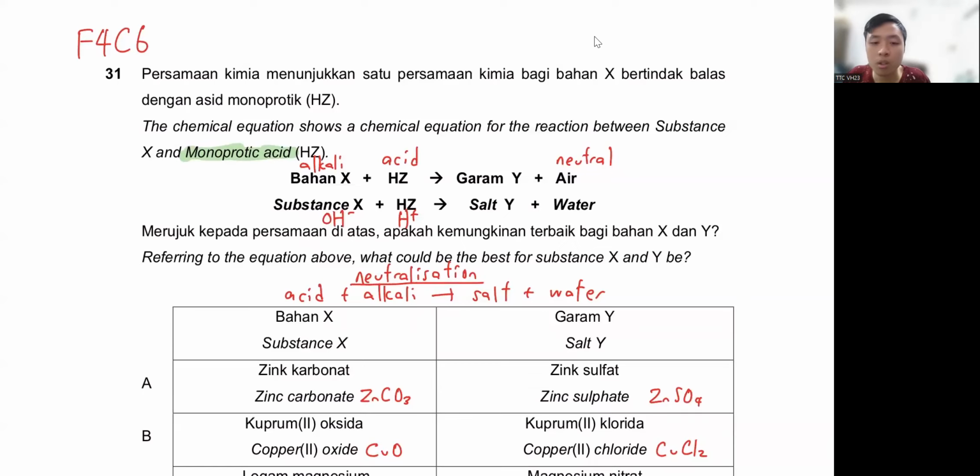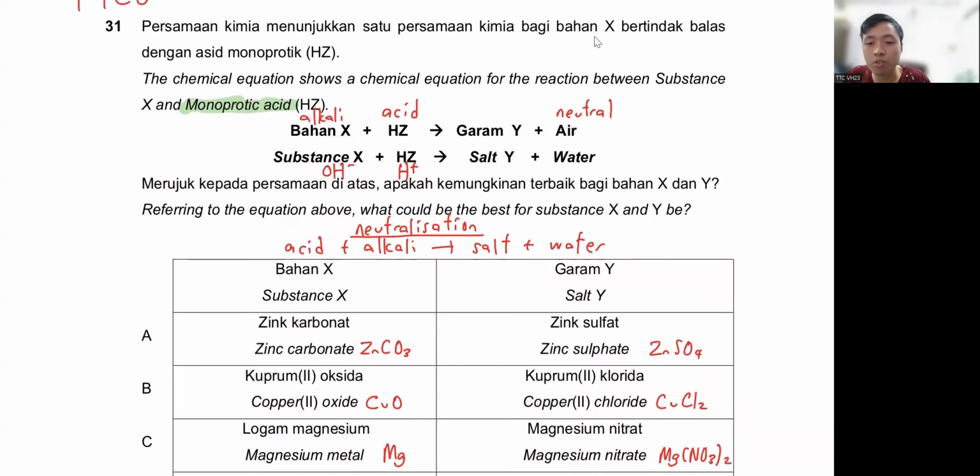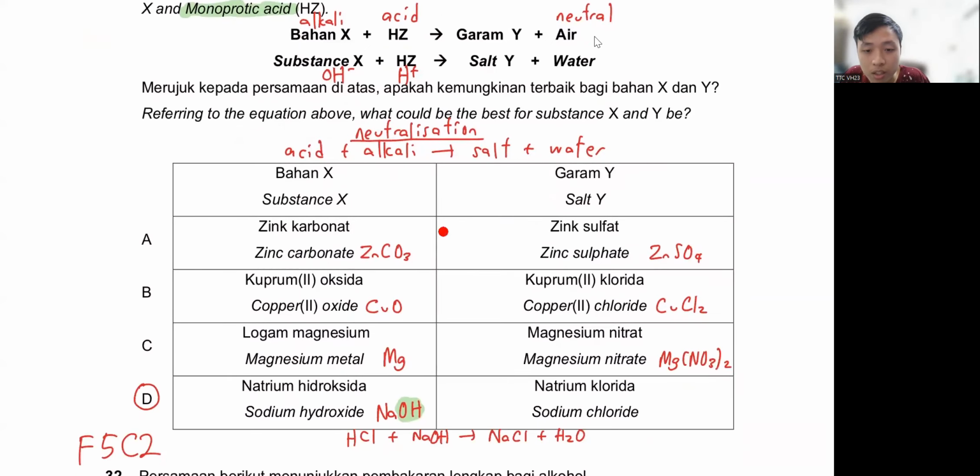What is the best for substance X and substance Y? Substance X is alkali. You must use alkali. Only A is possible. I mean, B is possible, but B contains base, because all alkalis are bases. So B is slightly possible, not A and C.